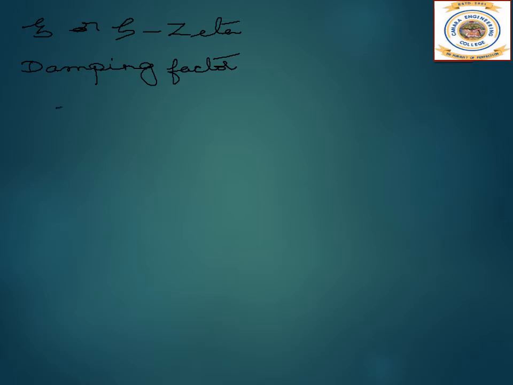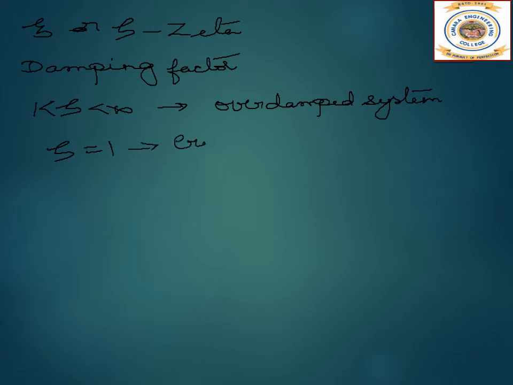If zeta ranges from 1 to infinity, then it is called the over damped system. If zeta is equal to 1, then it is called a critically damped system.